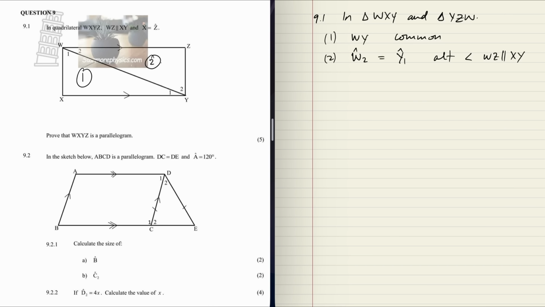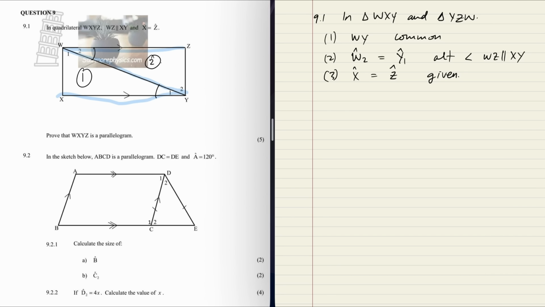Now I'm referring to the Z shape that I'm seeing here, so it means that this angle is equal to this angle right here. And then lastly, they tell us that angle X is equal to angle Z, and that was given to us.